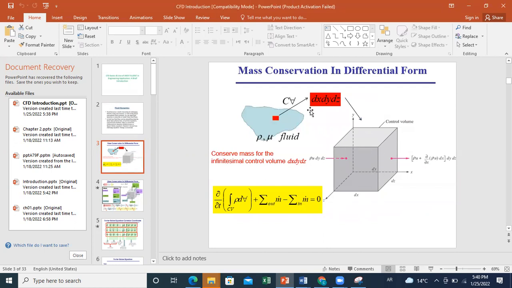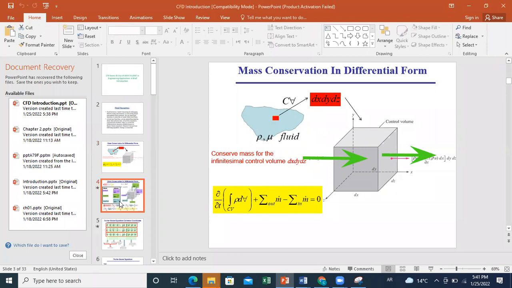Let's say first I apply mass conservation. I consider all fluxes of mass that can come in and all fluxes that can go out, and I apply the conservation of mass. I will remind you how we derive all of these relations later in the review of conservation equations. But the idea is just to consider a certain control volume and apply on it conservation of mass to get continuity.